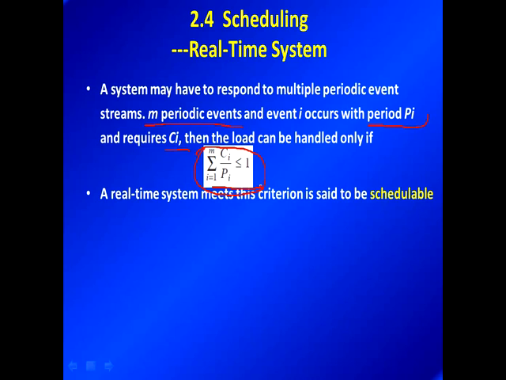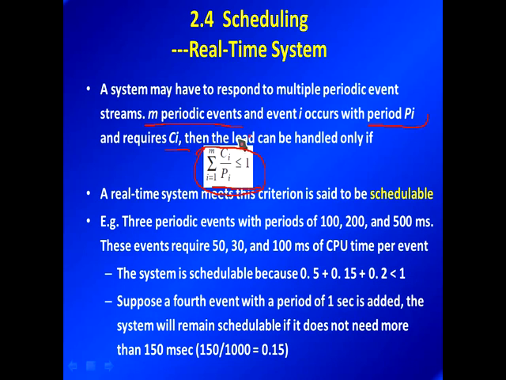If it's not, then no matter which algorithm you apply, this system is not schedulable. It means at least one event cannot meet its deadline.